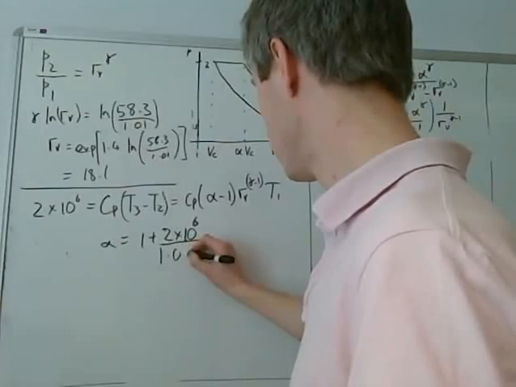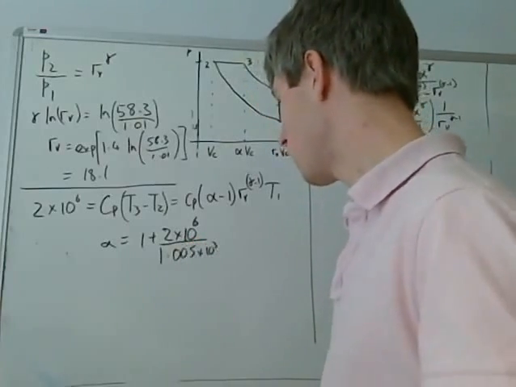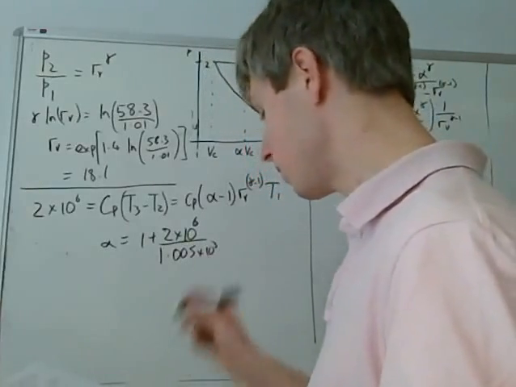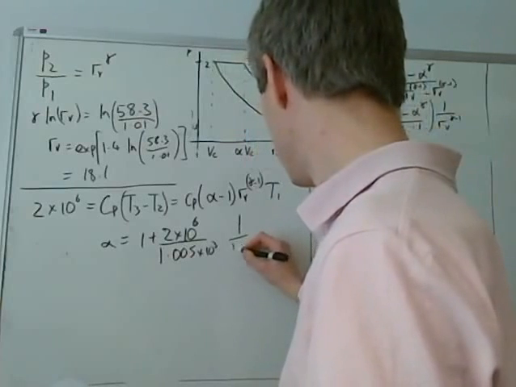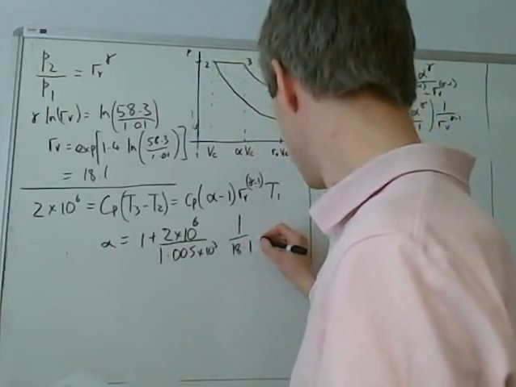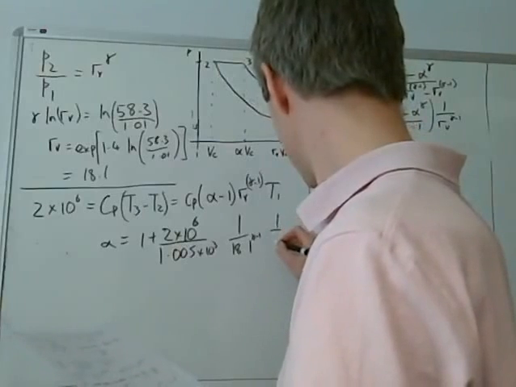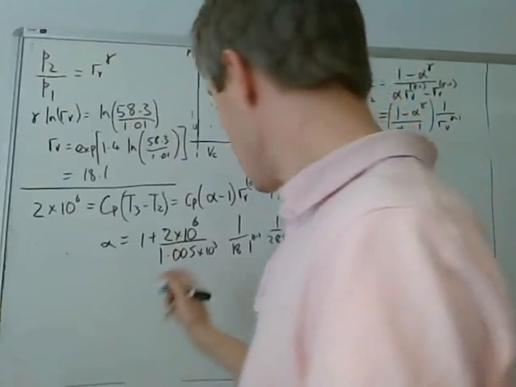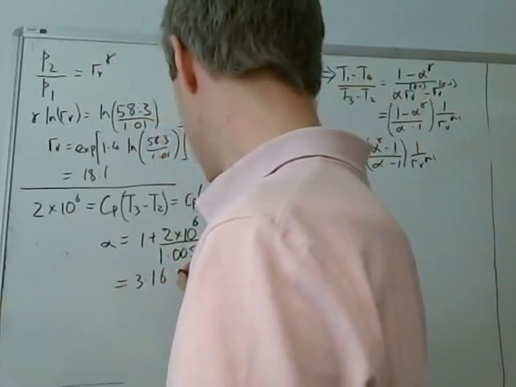It's in your data book. 1.005 times 10 to the 3 joules per kilogram per Kelvin, times 1 over T1, and T1 was 288 Kelvin. So that gives a value of alpha of 3.169.